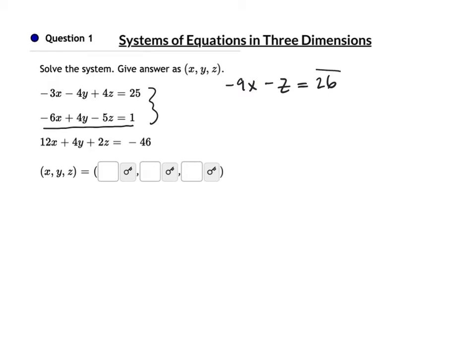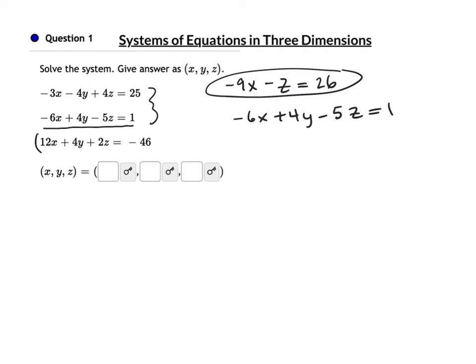Now, to get my second equation, I will take the 2 equations, -6x plus 4y minus 5z equals 1, and I'm going to make a pair of opposites. I'm going to take this bottom equation and make the 4y a -4y. I'll multiply by -1.